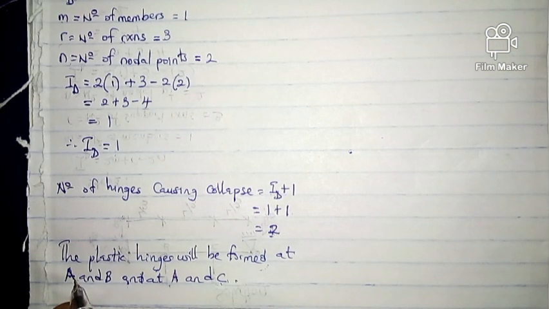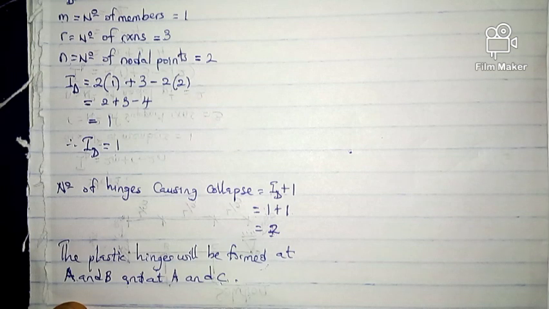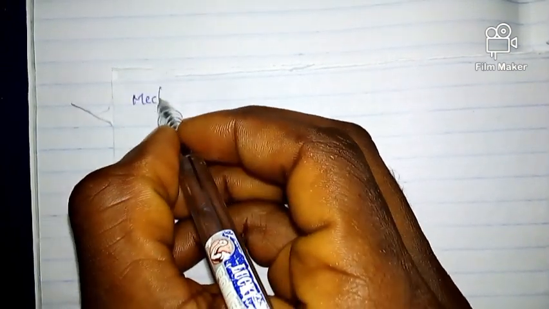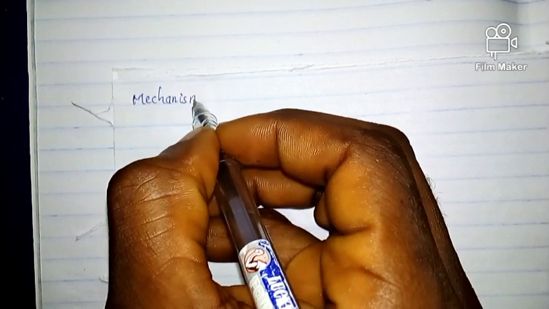By what mechanisms we are having, where our plastic hinge is going to be formed. Let's start with mechanism 1.